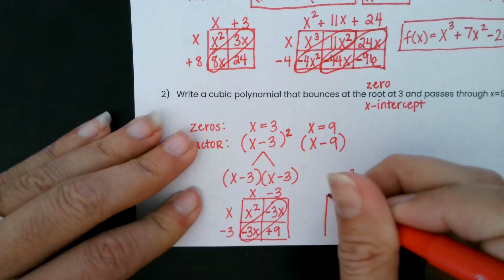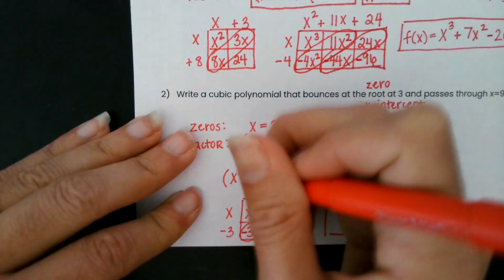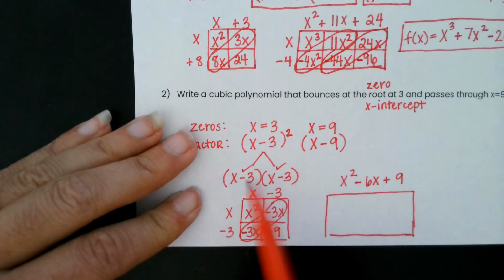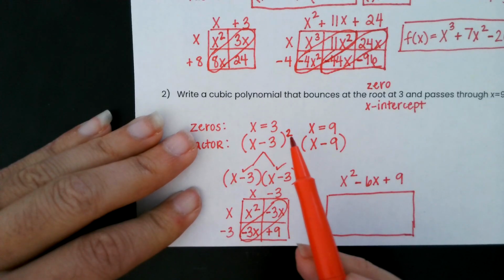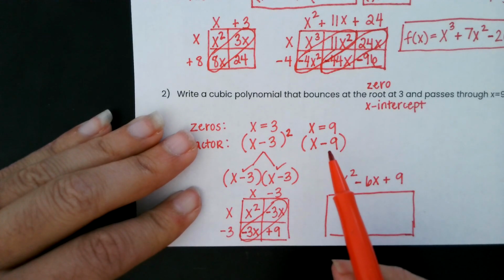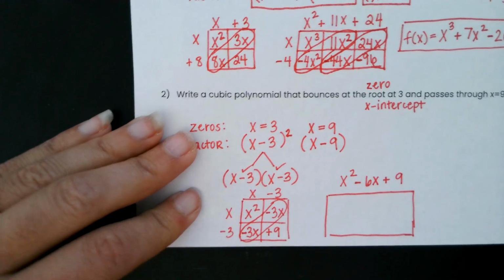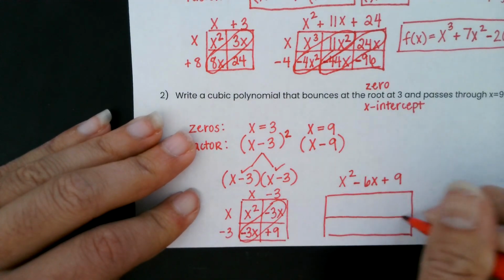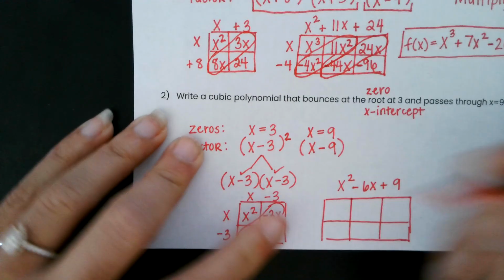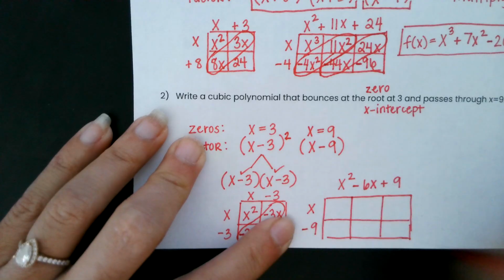So now we've multiplied the bounce factors together. There were 2 because of the bounce. Now we have to multiply it with the x minus 9 factor and we'll be finished. I'm going to keep this trinomial at the top, and I'm going to write the x minus 9 factor down the side.